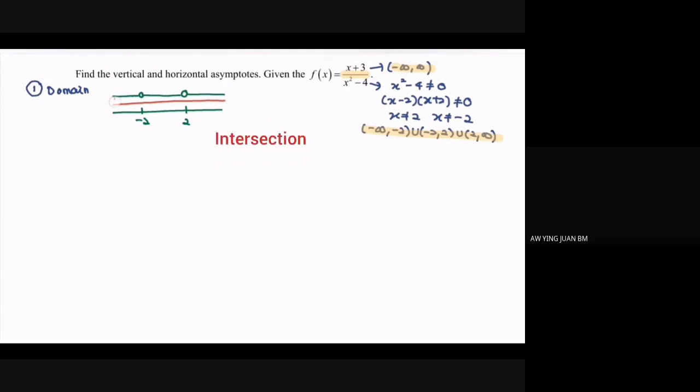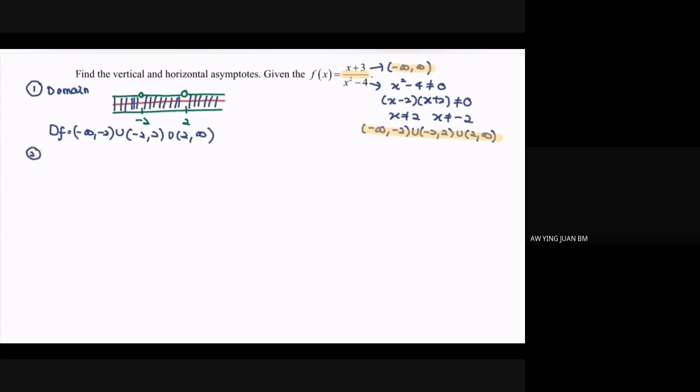So the intersection will be this part, except negative 2 and also 2. So as a conclusion, the domain would be negative infinity until negative 2, union negative 2 until 2, union 2 until infinity, where negative 2 and 2 are not included.